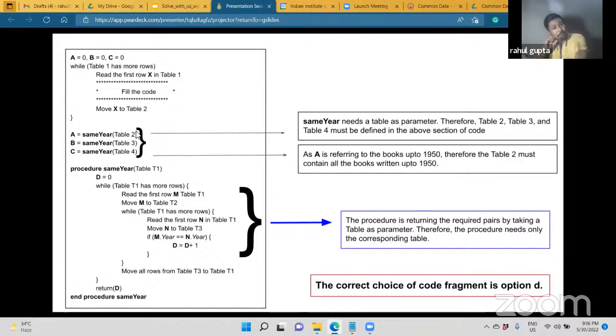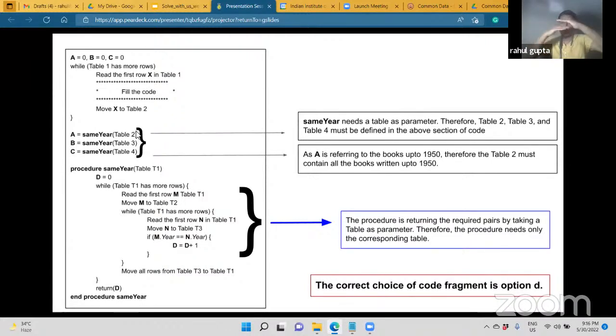Then what will happen? While table T1 has more rows, okay? I'm talking about the same table. I'm reading the first row and moving it to table 2, and then taking the same table. Read the first row m in the table T1. Means first row I took, I remove it, and I'm taking the second row, n.